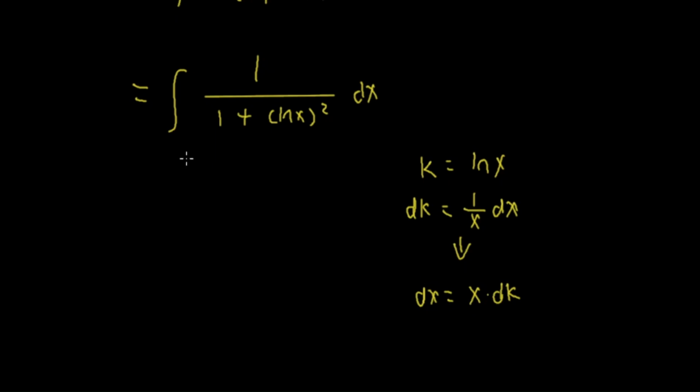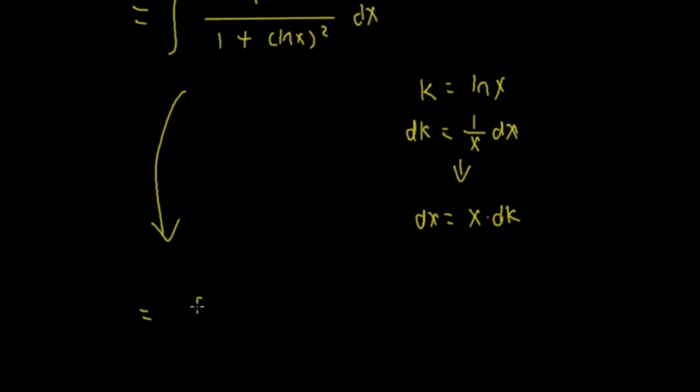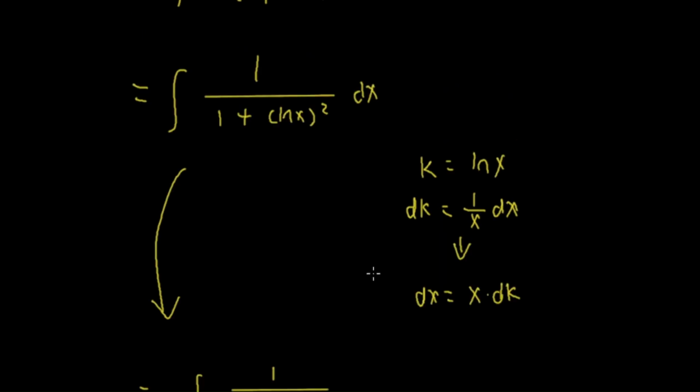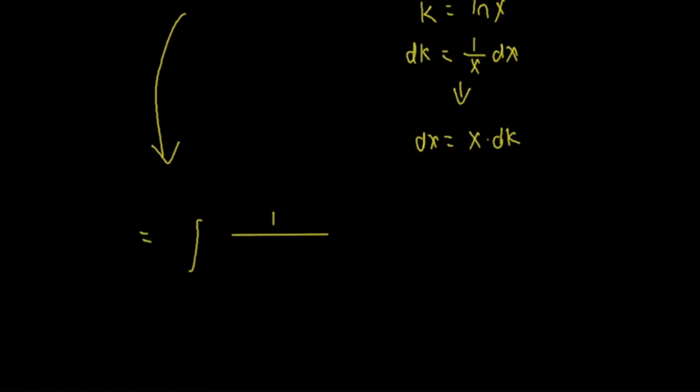Let me rewrite this integral now. That's equal to integral of 1 over, now because I will replace dx with x times dk, the x can go to the numerator. So I can just put x here.